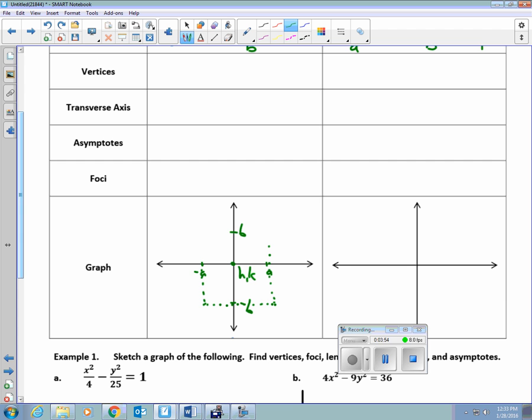That box will be used to generate the shape of the hyperbola. The reason why I like to sketch the box is because there are some important parts of the hyperbola that travel through the box. Number one, the asymptotes go through the corners of the box.